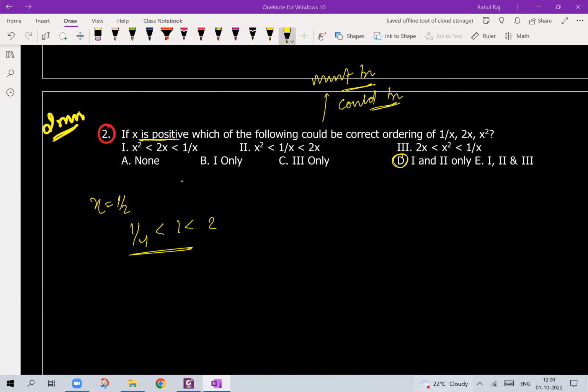No, Chirag. 4 by 5, if you take for option number 3, check. Is that happening? I don't think so. Check for option number 3.